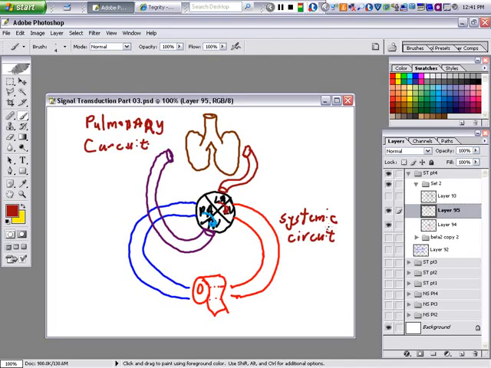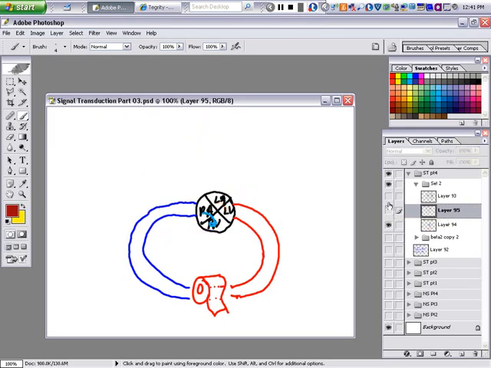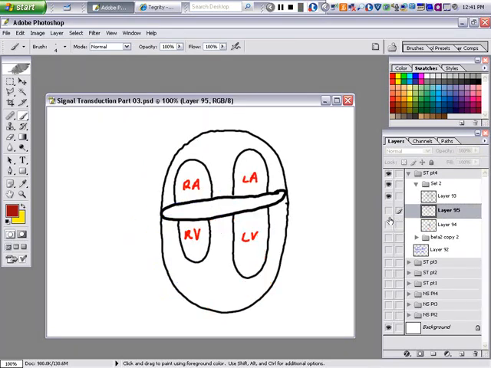So now that we know this, let's go back to the heart. Now, a question for you all. Let's say you have a heart rate of 60 beats per minute.